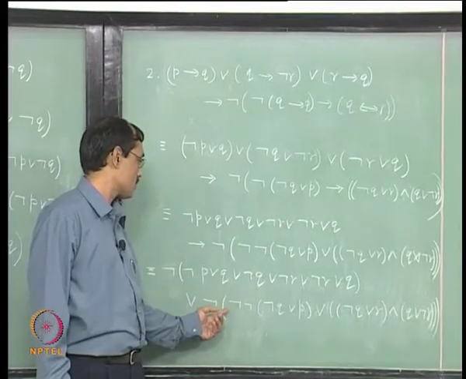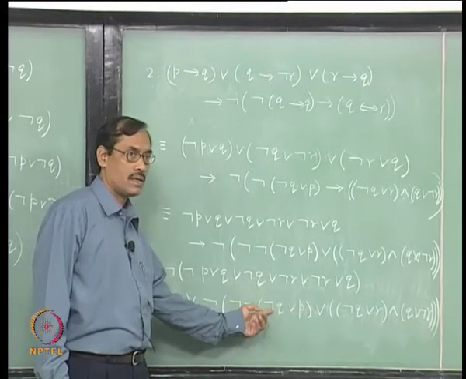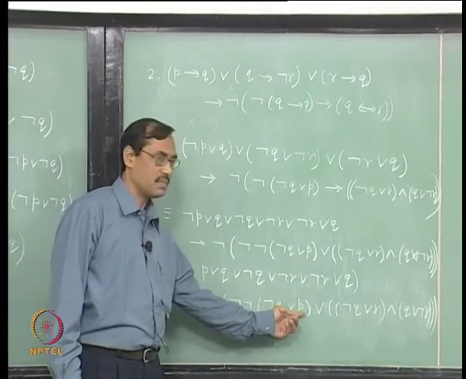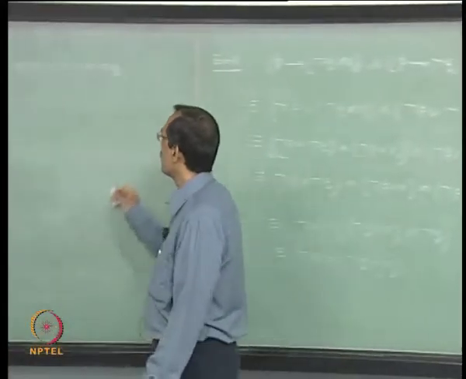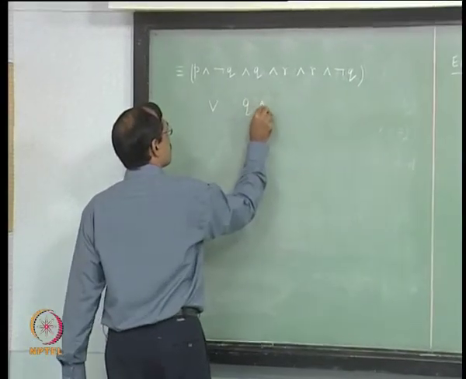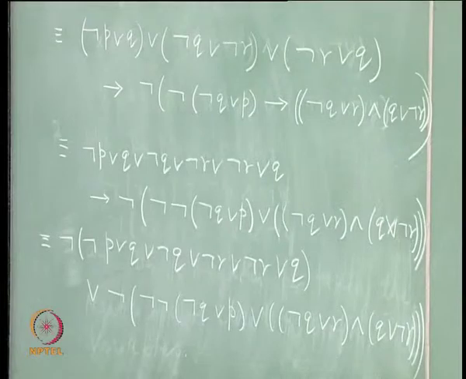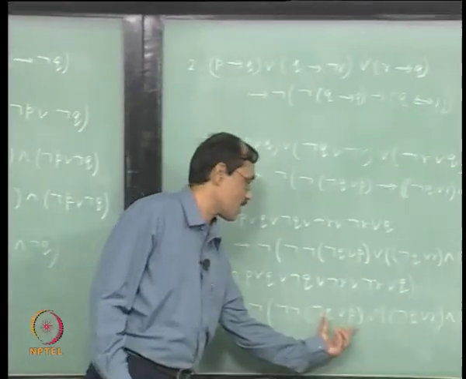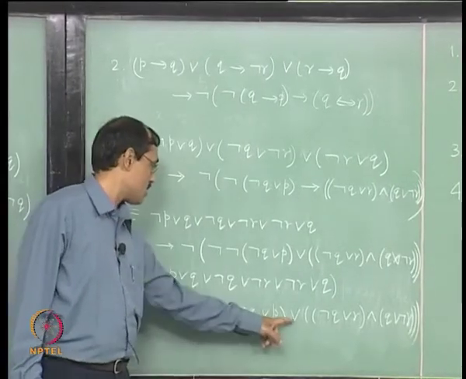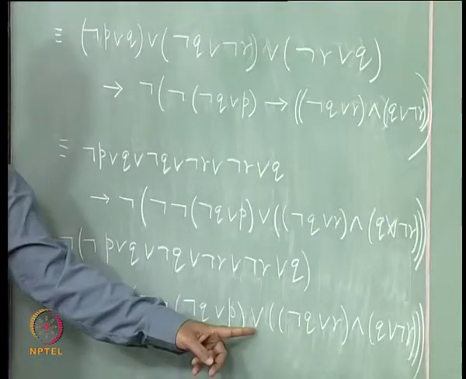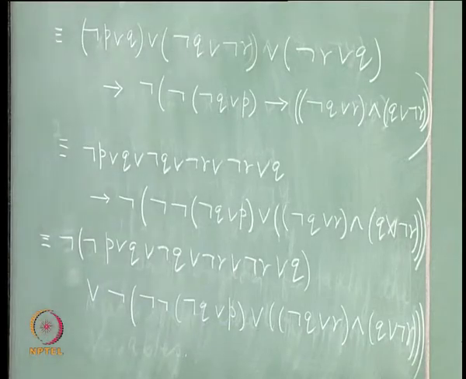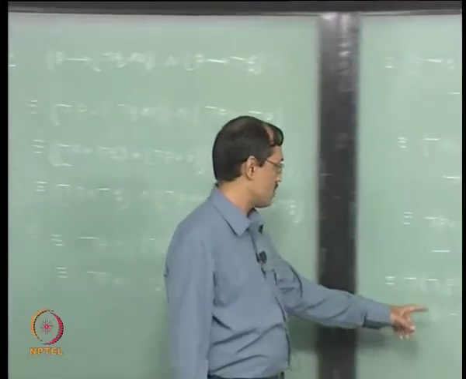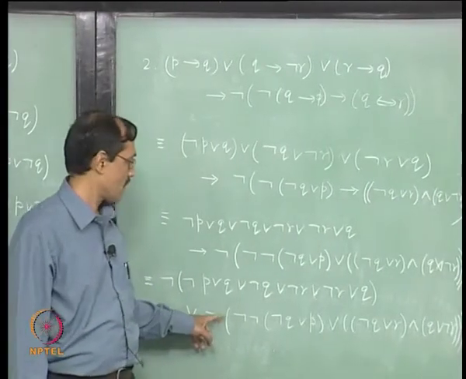So, now what happens? Not Q becomes Q and not P. Okay. First term gives Q and not P. Then this OR becomes and. Next is this not is going.